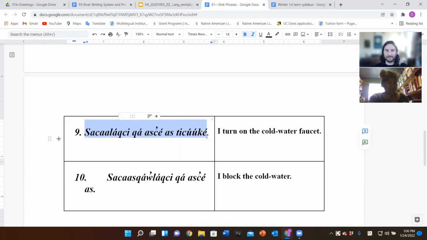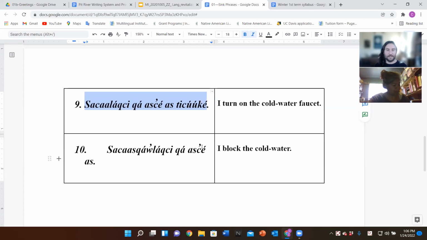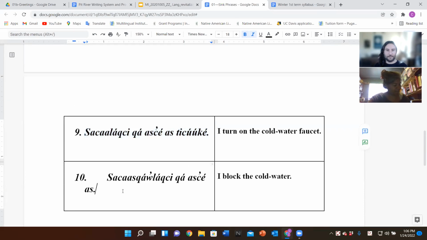Saja lakji ga asche as dejuke. Dejuke. Okay.